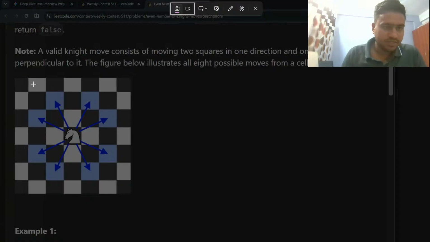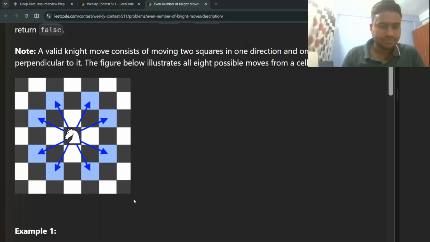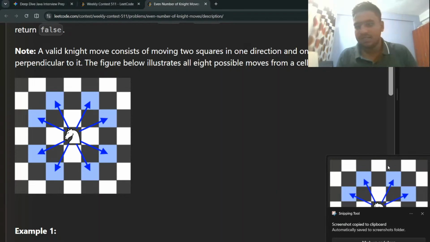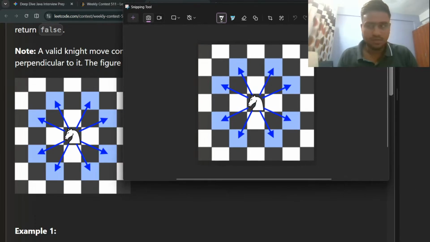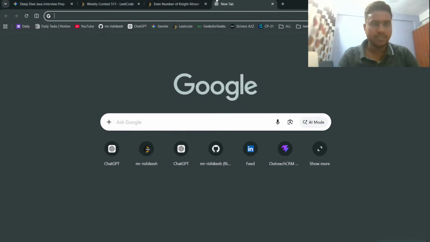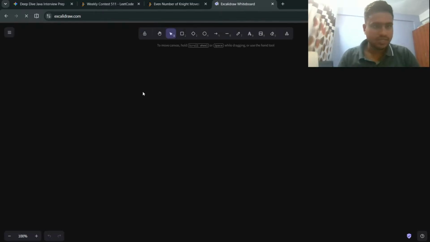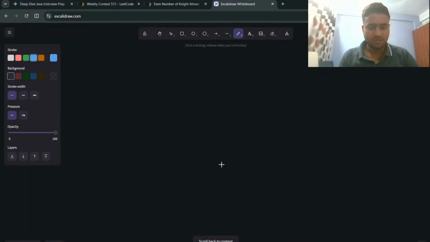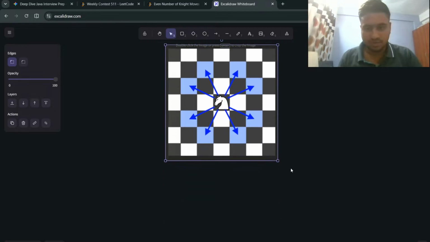Let me take this example as a reference: 1 1 and 2 2 is the valid answer here, clearly mentioned. So let's understand how we can solve this problem.